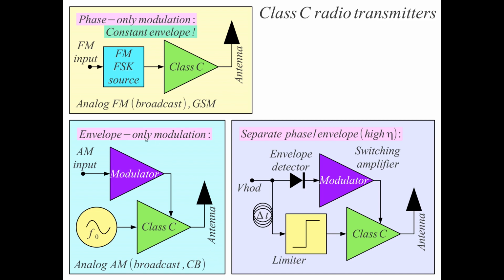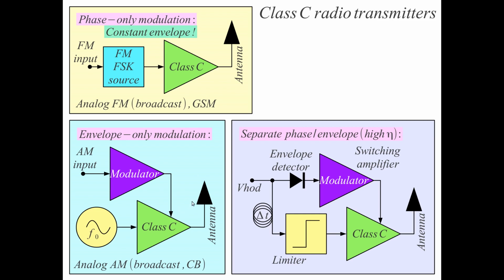But still, this technique has an advantage, and we see the advantage here. If we design these things in a particular way, we are using a Class C amplifier for RF amplification, and this has good efficiency. But the modulator has to be linear, so it has to be Class A or Class AB, push-pull design, because we have a broadband low frequency signal here to modulate the whole chain.